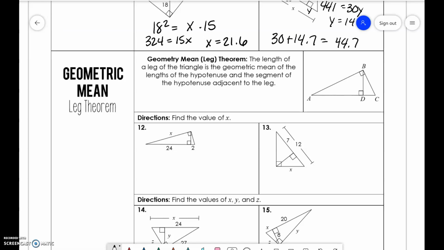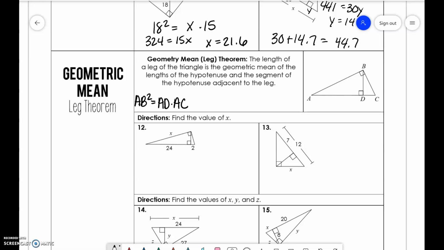All right, so the geometric leg theorem says the length of a leg of a triangle is the geometric mean of the lengths of the hypotenuse and the segment of the hypotenuse adjacent to the leg. So this is a lot, but it's okay. So it says that AB squared is equal to AD times AC.